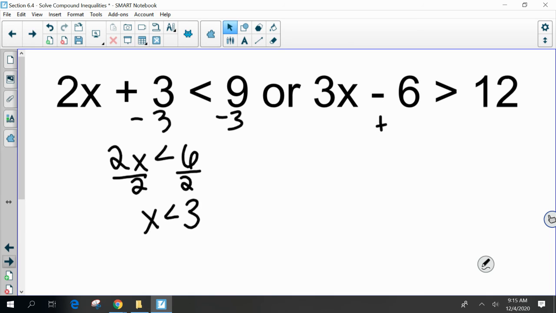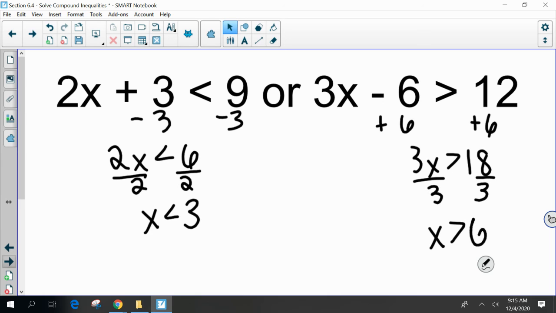And then 3x is greater than 18, divide by 3, x is greater than 6. So all I have to do is rewrite them with the word or in the middle. So x is less than 3 or x is greater than 6.